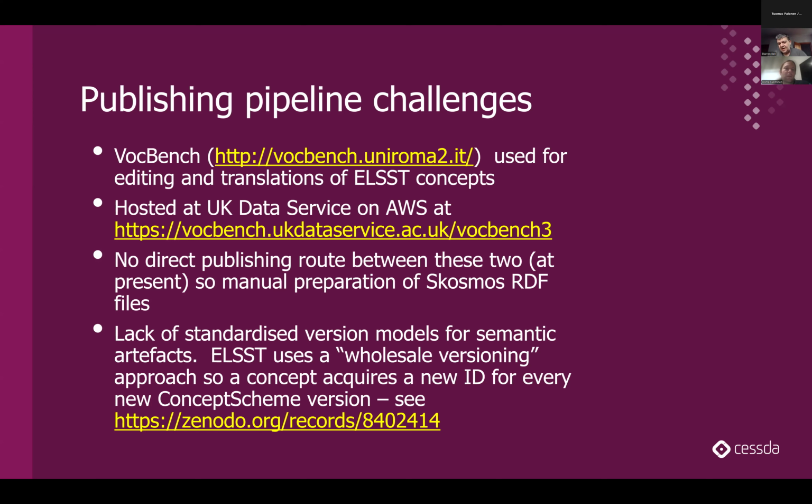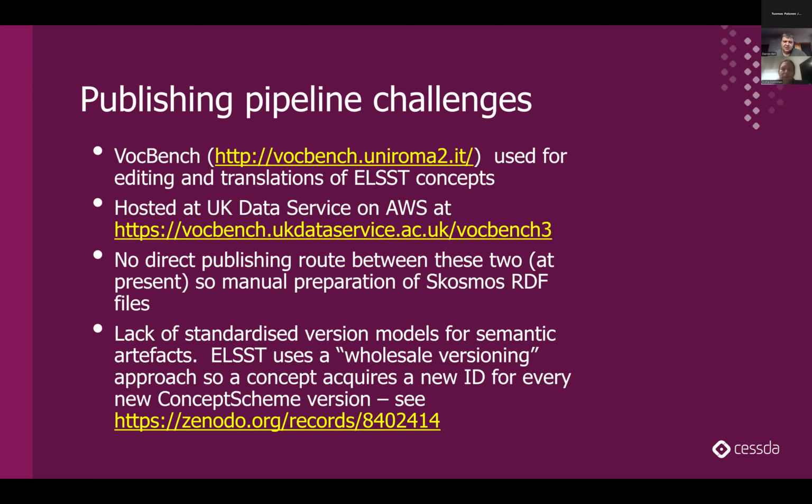What I've put here is that I think there is work to be done on having an industry standard versioning model across semantic artifacts. Whether this is work for a Horizon Europe project or something that should be done through something like Shock Vocab Commons. We did a little bit of work on this last year, and I wrote a few pages on this.